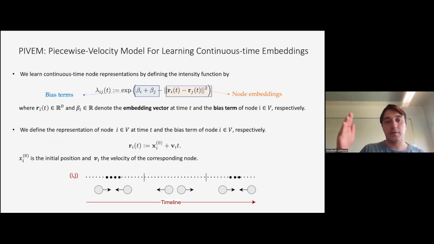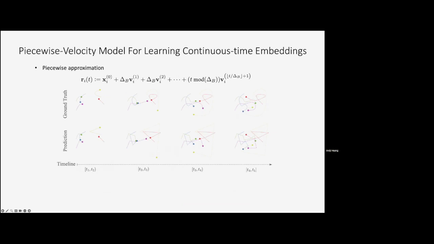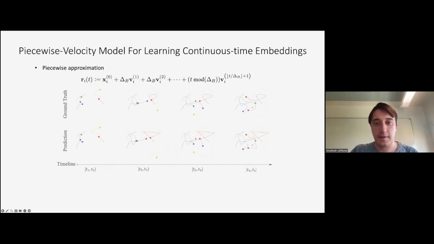To improve the nodes' flexibility in the embedding space, we divide the timeline like here. If we divide the timeline into 4 bins, then for each bin interval we have one linear model. And if we increase the number of bins, we will have more smooth trajectories. So that's the idea of why we have these bins.